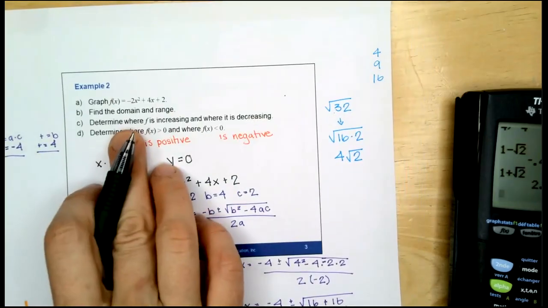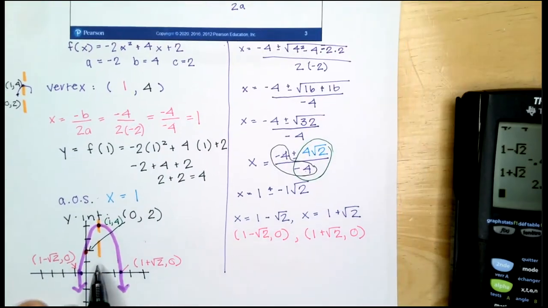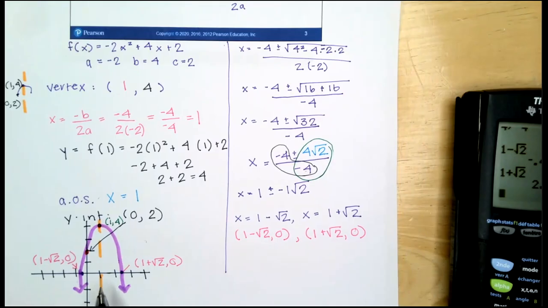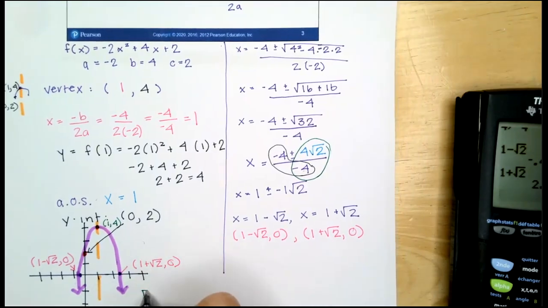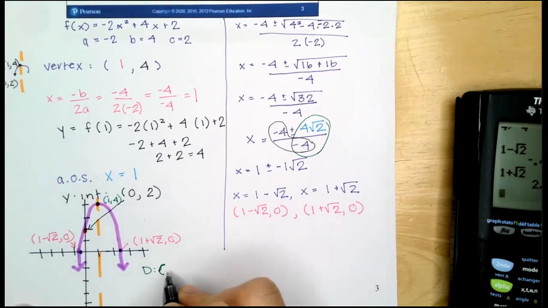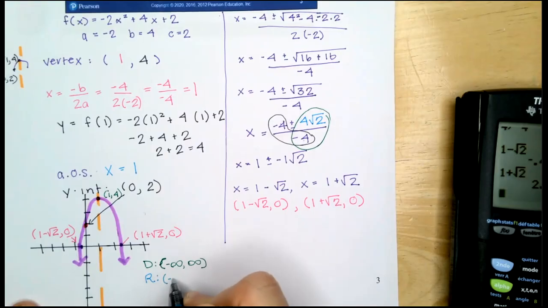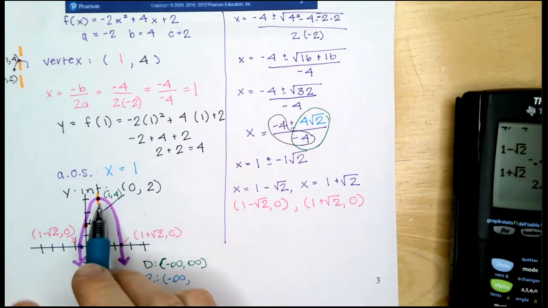Next question is find the domain and the range. What would the domain be? The domain is all of your x values. So your domain is going to be all real numbers. All real numbers, or if they ask for interval notation, -infinity to infinity. Your range is your y values, okay? It clearly goes from -infinity on y, but it doesn't go up forever.